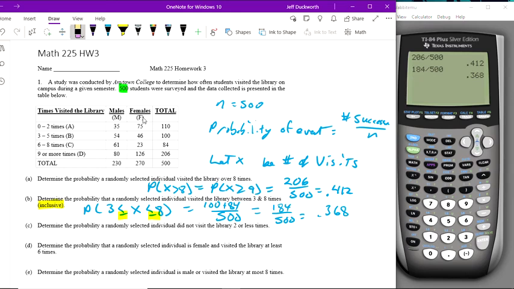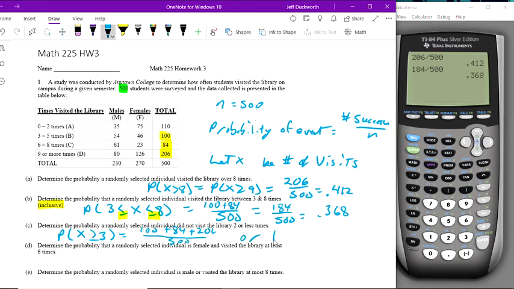So not 2 or less means the areas we want are 3 to 5, 6 to 8, and 9 or more. So we can do this in one of two ways. We can either just take probability that x is greater than or equal to 3 is going to be 100 plus 84 plus 206 over 500.